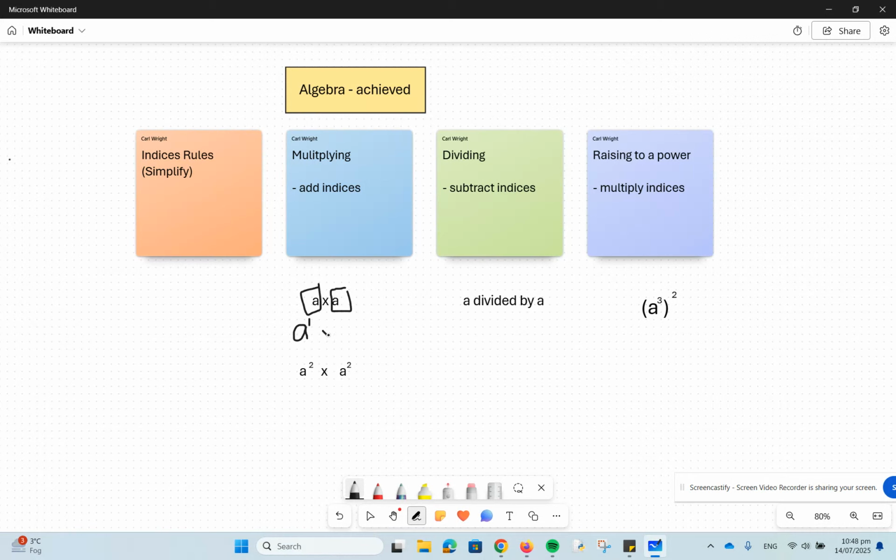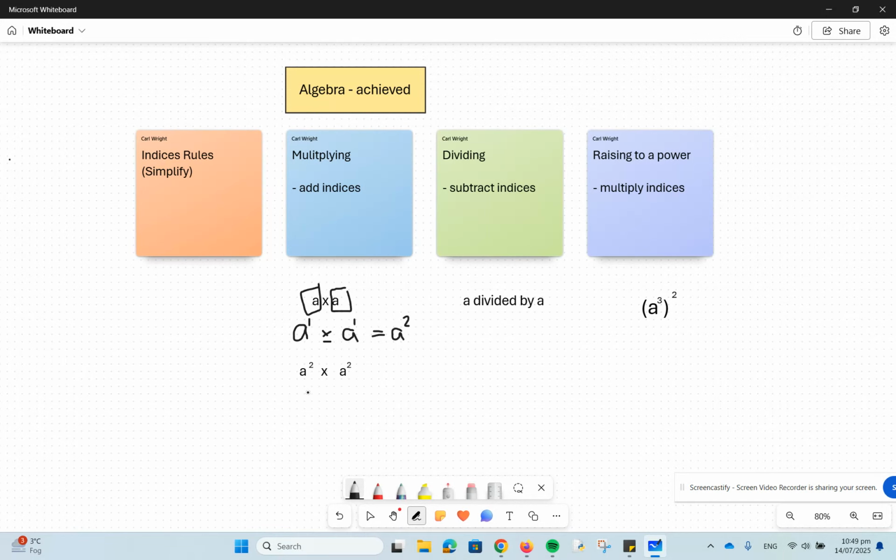Then I'm multiplying, and I've got another A, and it doesn't have a power, so that means it's a 1. So what is the rule? You add the indices. I add the 1 plus the 1, and that means I end up with A squared. So there's the rule when multiplying.